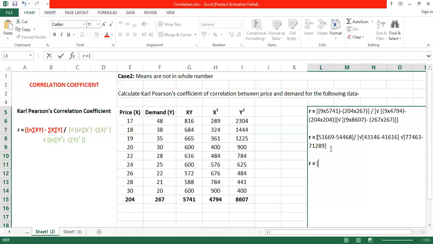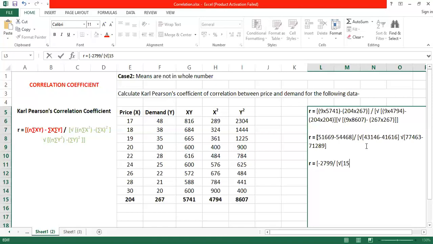Now see, 51669 minus 54468 equals to minus 2799 divided by, say, square root of 43146 minus 41616.